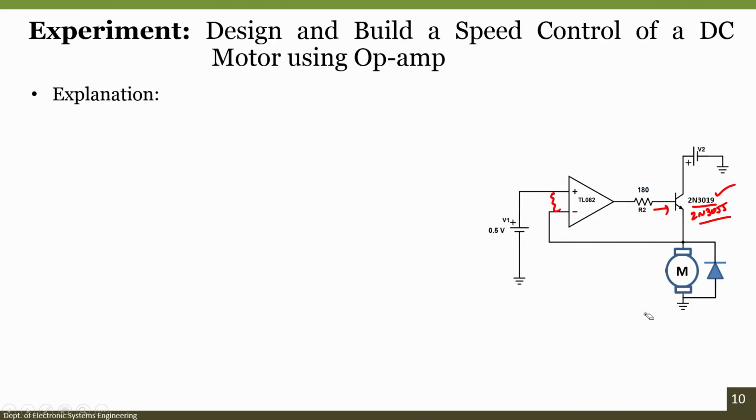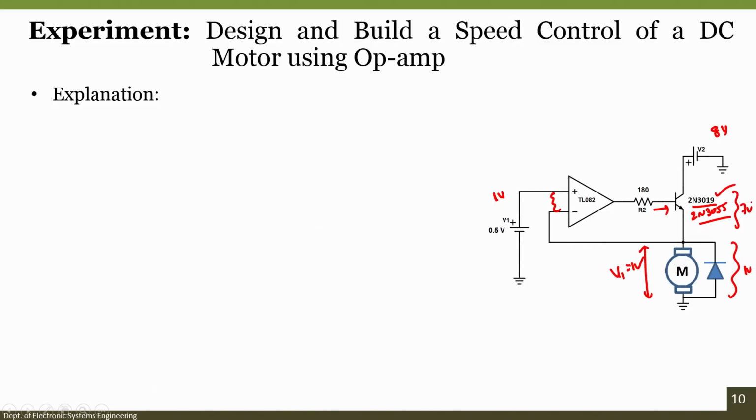So, what happens now? Since this particular voltage is V1, say for example the input voltage V1 that we have connected is 1 volt, this value is also equal to 1 volt. Suppose the voltage connected is 8 volts, then 1 volt will be dropped across this and the remaining 7 volts will be dropped across this transistor.